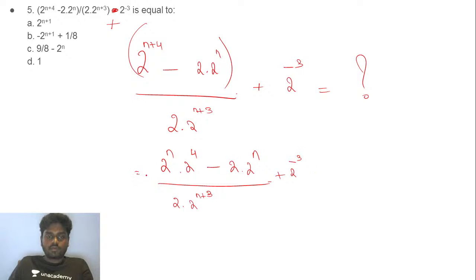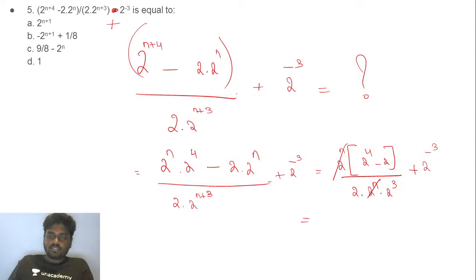If I take 2 power n common outside, this will be 2 power 4 minus 2 divided by 2 into 2 power n into 2 power 3. So 2 power n gets cancelled, plus 2 power minus 3.